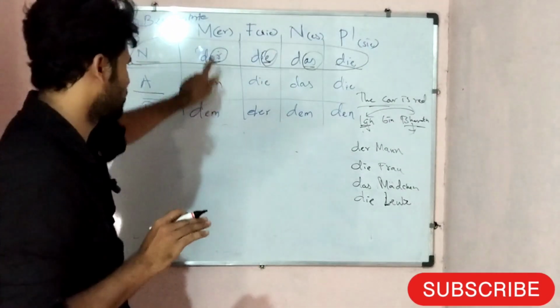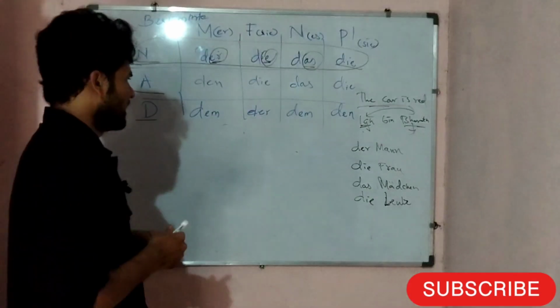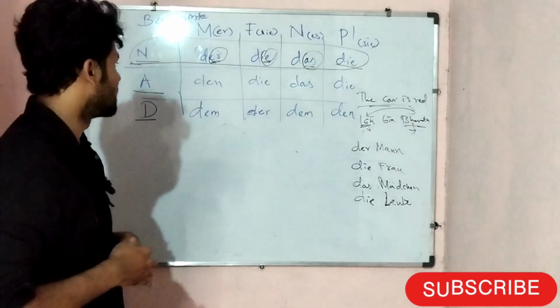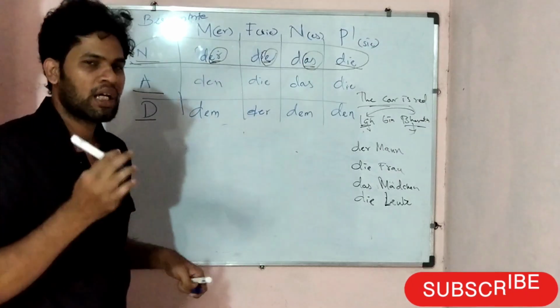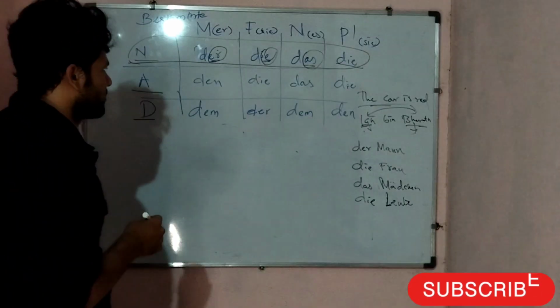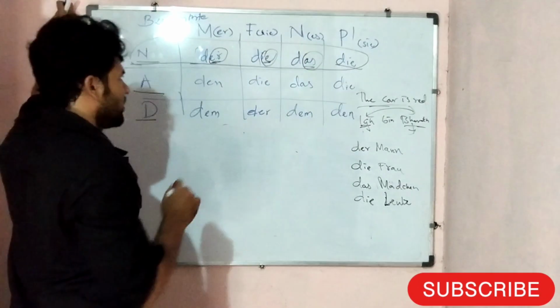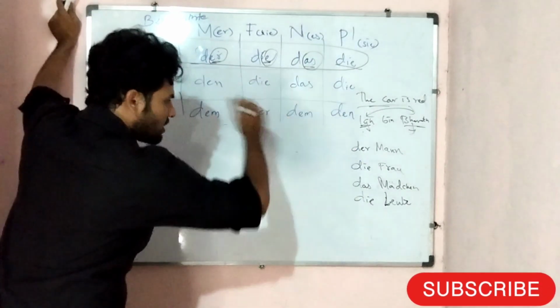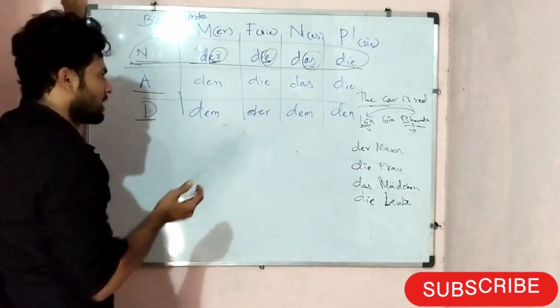The same nouns, we are not going to use different nouns here. Der, die, das, die. In the nominative case, these nouns are the subject. Now these nouns should be objects, direct objects.